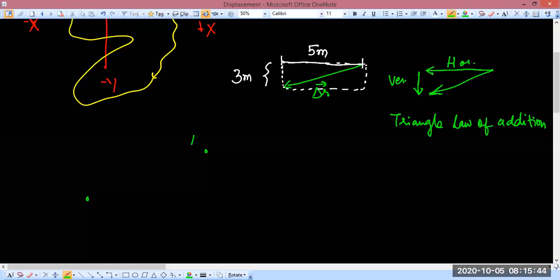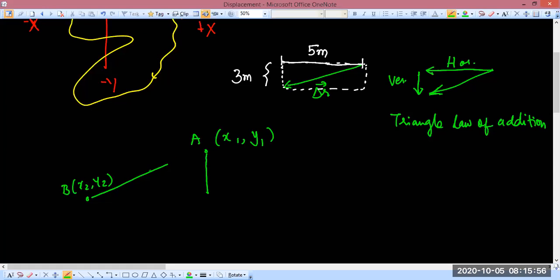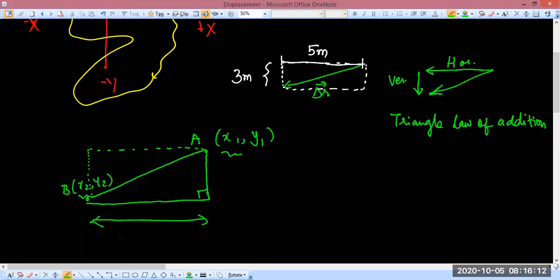This is just one final chance for people who did not understand. Suppose you have got 2 points A and B, and if you join them by a line, then do you realize that you can make a triangle like this? If you take that triangle further, this will become a rectangle, correct? So I hope all of you realize that this width is actually equal to this minus this.